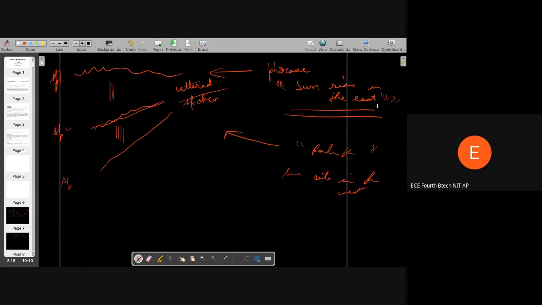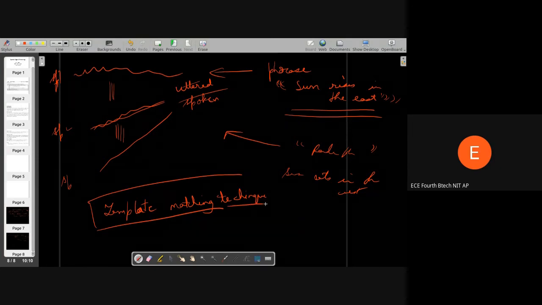So DTW is also called the template matching technique.